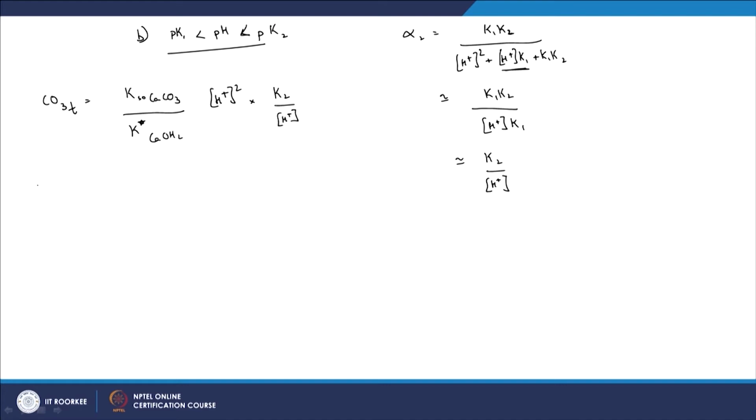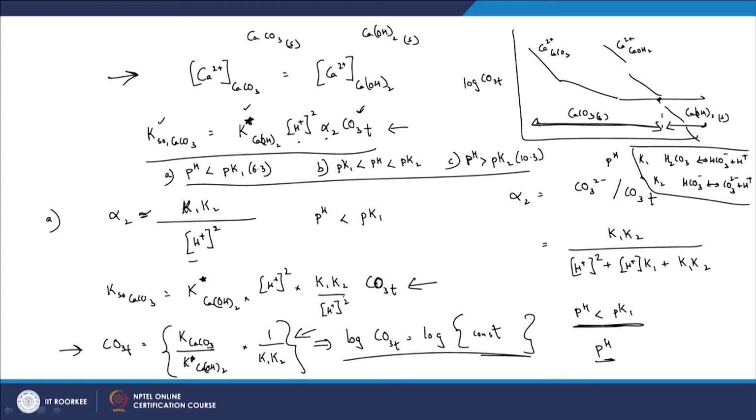So if I take the logarithm, what is that going to be equal to? Log CO3 total will be equal to the log of KSO CaCO3 by K star CaOH twice, by, is it going to be by K2 into H plus or by K1 K2 by H plus square here? I guess I should have written that down in a different manner here.